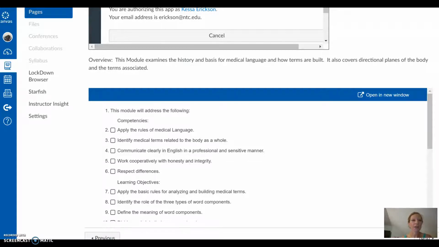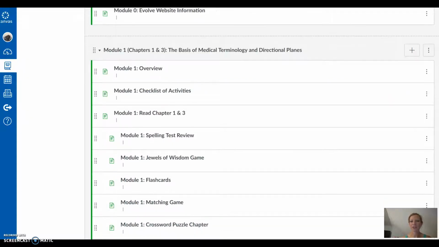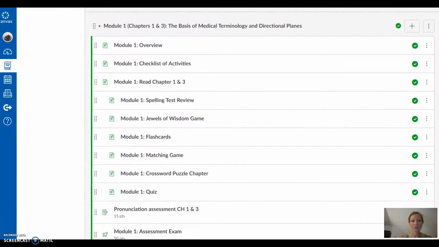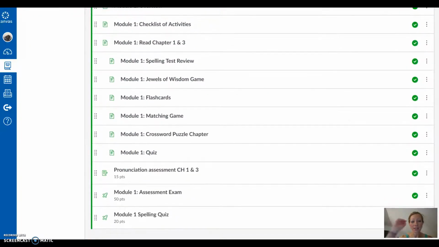The other thing I wanted to go through was the assignments. I mentioned in the introduction somewhat of what they are, but I really wanted to go over the spelling test, only because I see that this is sometimes the biggest frustration and difficulty that students have had.